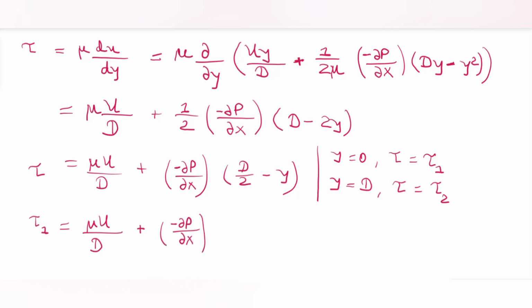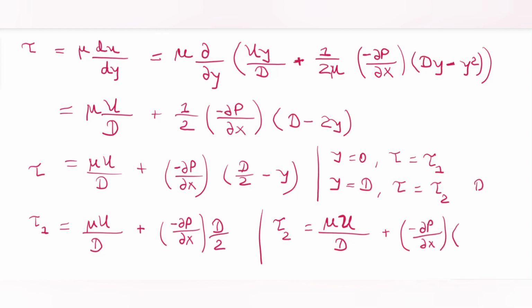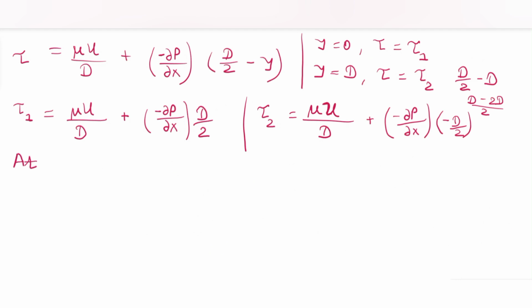So tau 1 will be equal to mu U by d minus del p by del x into d by 2, and tau 2 will be equal to mu U by d plus minus del p by del x into (d by 2 minus d). d by 2 minus d, that is (d minus 2d) by 2, which is minus d by 2. And what will be the shear stress at the center of the plate?